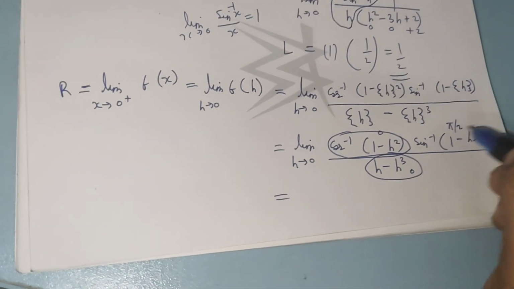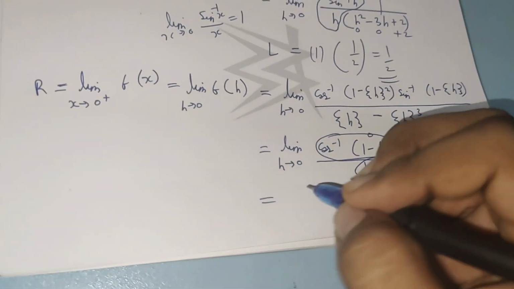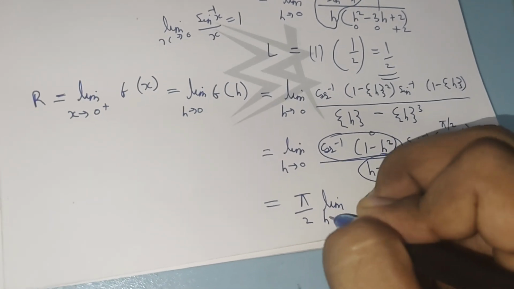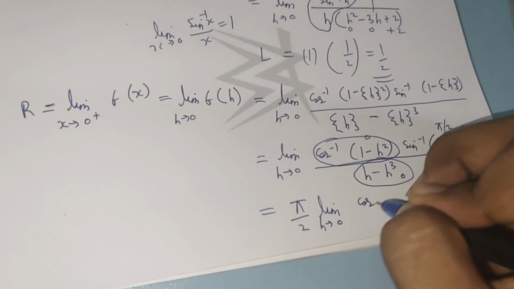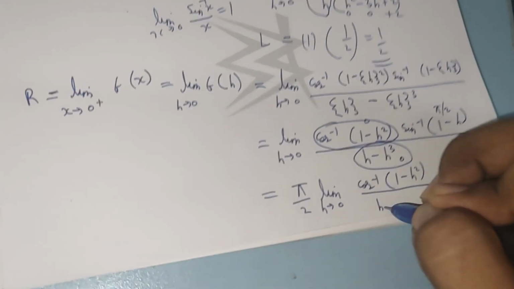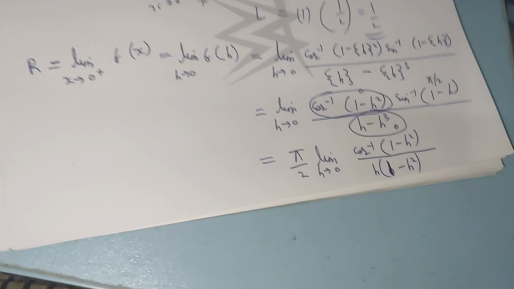This sin inverse does not pose me a threat, so I am substituting the limit h tends to 0 for sin inverse. So I'll get a pi by 2 outside, and inside I'll get limit h tends to 0 cos inverse of (1 minus h square) upon h, I'll take common, h times (1 minus h square).